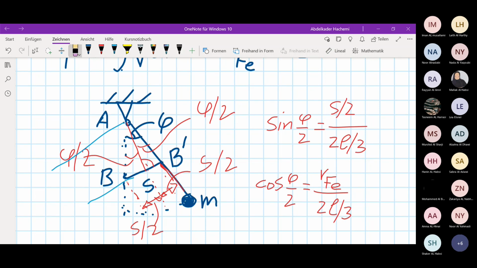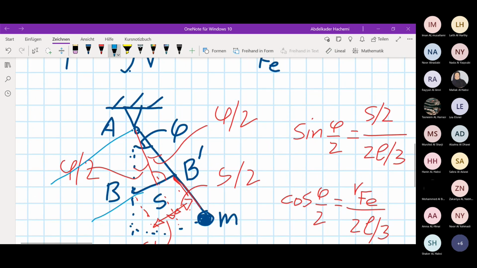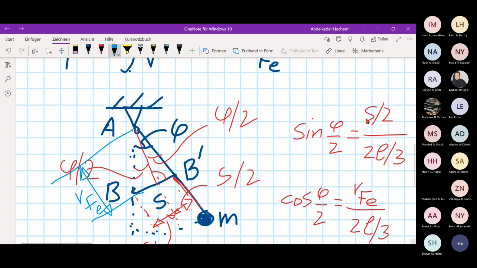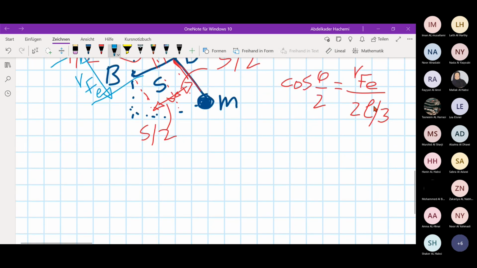Sorry, one moment. This is R_FA. Now, if we look at this, we can get S from here, as phi is a function of time, and R_FA we get from here.